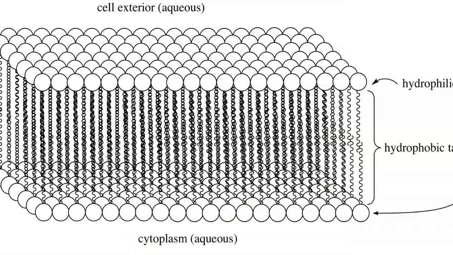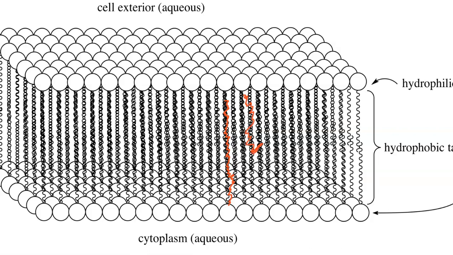So the interior of a plasma membrane is like that. These lines here, which are squiggly, and I'm colouring them in red right now, they're all hydrophobic. Water hating, water fearing. They don't want to be near water. These are hydrocarbon chains.